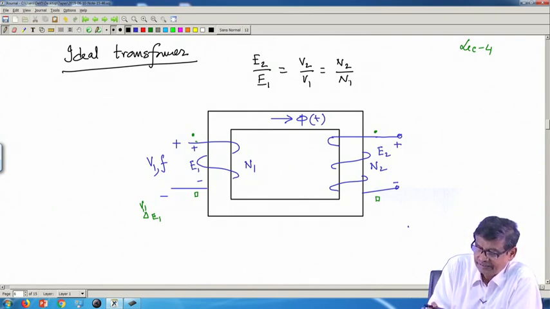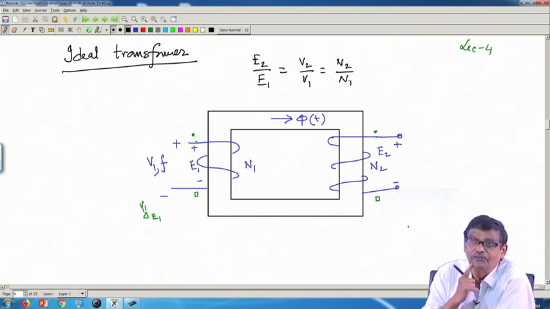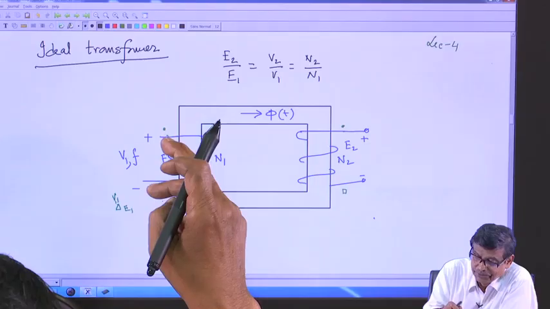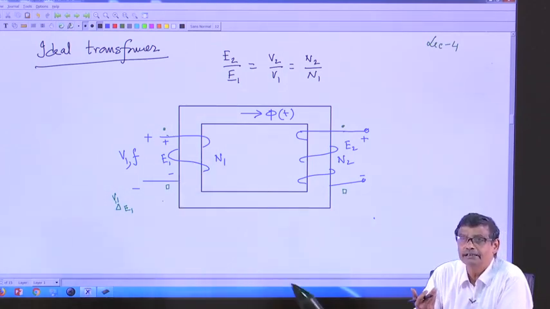Now, this is the thing, and then in my last class I told you how to draw phasor diagram. You see, magnetizing current with the assumption that there is no leakage flux and mutual flux only. So, this coil to this AC supply, this coil will appear as an inductance.